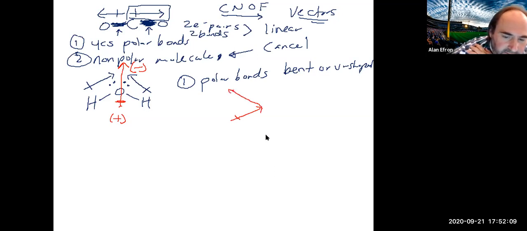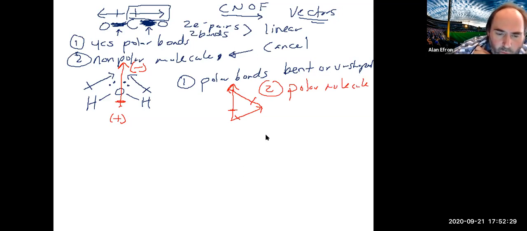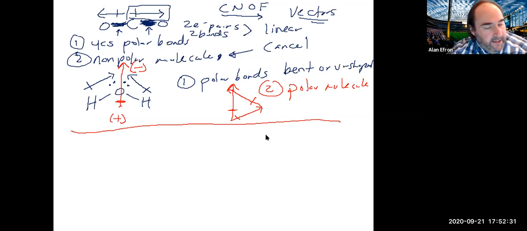And what they will end up doing in this case is actually adding to each other in that direction. It will give you a more negative side on oxygen and a more positive side on hydrogen. And that means that this guy is going to be a polar molecule. So when you're looking at molecular polarity, especially when you have 3 or more atoms, you do want to make sure that you look at both: are there polar bonds, and what is the geometry?